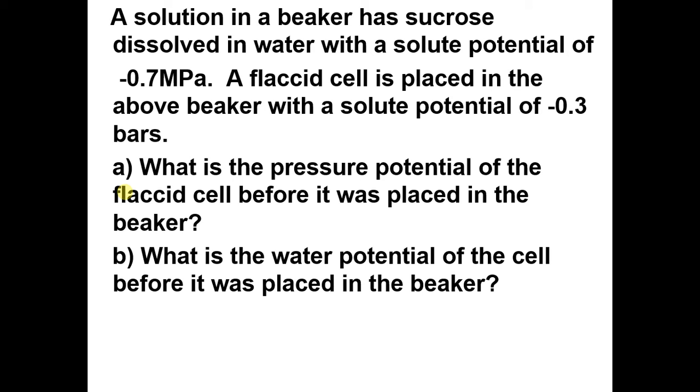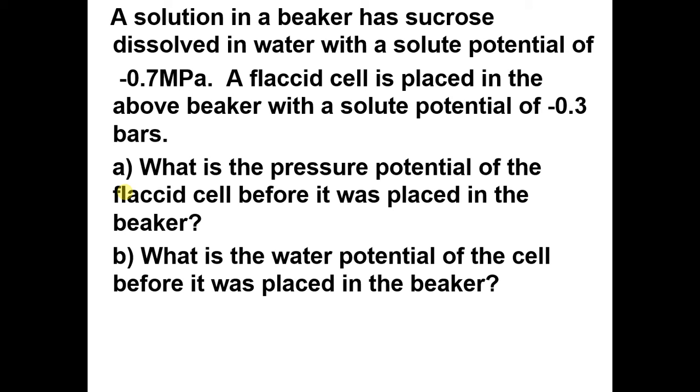All right. Well, if it's a flaccid cell, that means it's loose. It's not full up with water. So the cell wall isn't pressing back on the plasma membrane, so there's no pressure. Pressure potential would be zero. So what is the water potential of the cell before it was placed in the beaker?